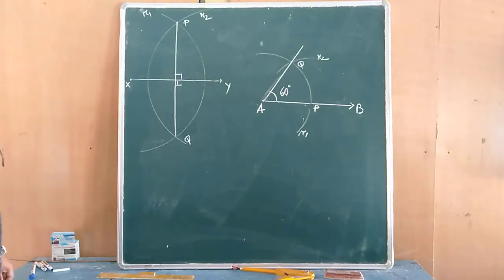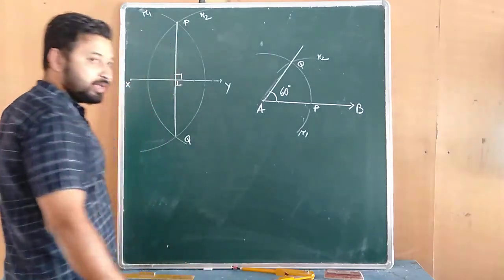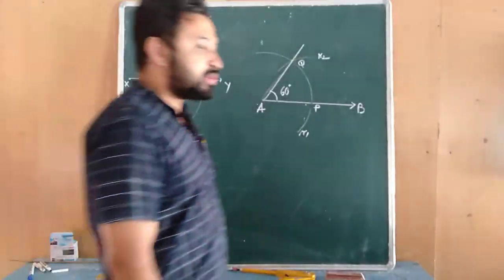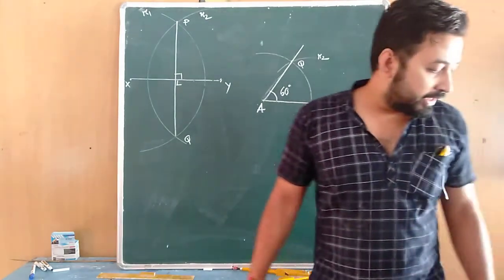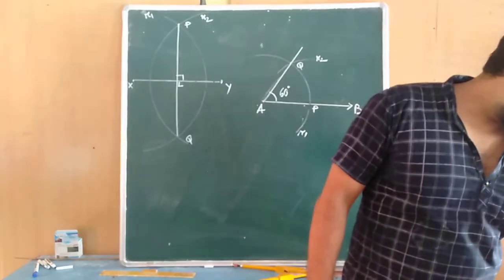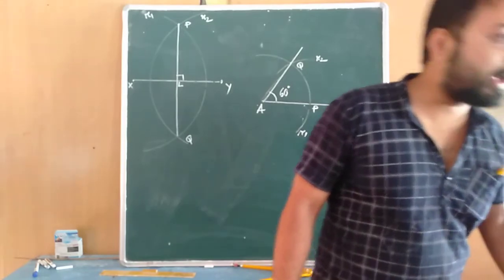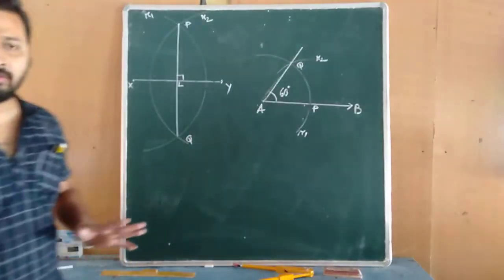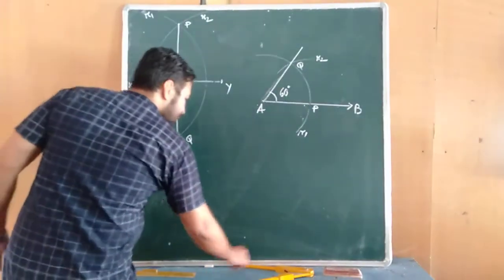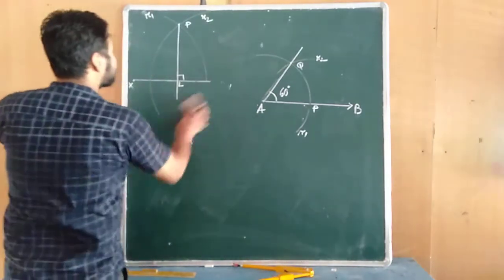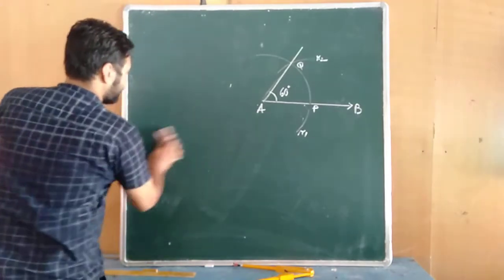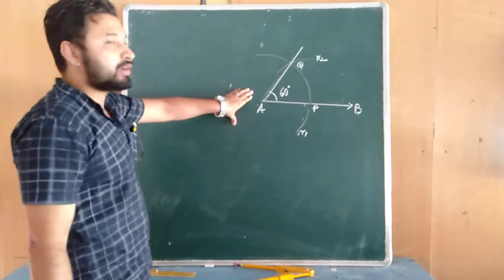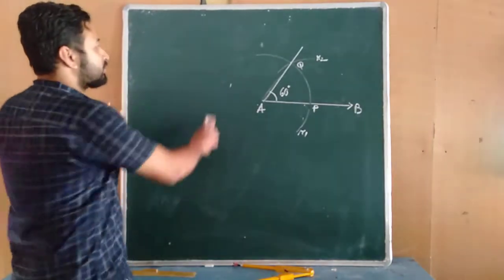So in the exercise we have, in question number 1, construct an angle of 90 degrees at the initial point of a ray, and justification is not required now. Okay. So for that, I can draw this first.